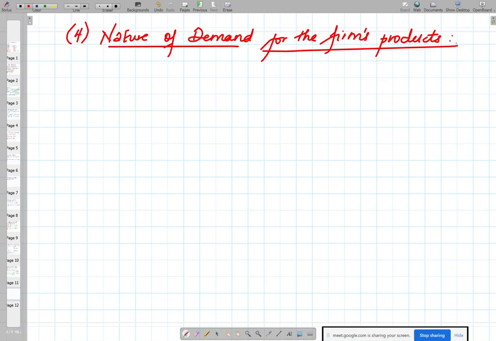Their prices, their demand keeps going up and down. It keeps fluctuating depending upon all of these conditions. So we call it a very highly sensitive demand, because when something changes in the environment, the demand for such products also changes.